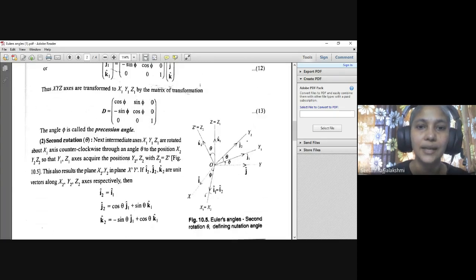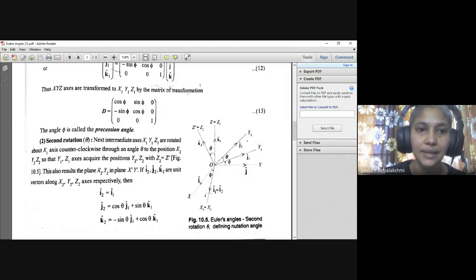Now let us see the second rotation. In the second rotation, the intermediate axes x1, y1, z1 are rotated about the x1 axis in the counterclockwise direction through an angle theta.